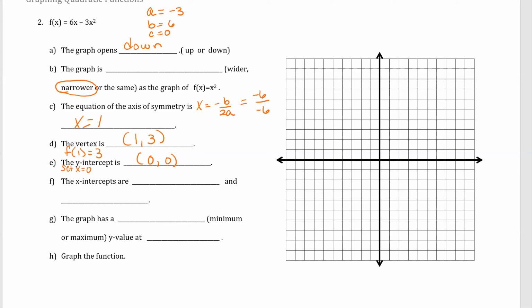To find the x-intercept, you set y equal to 0. So we have x is equal to 0 and x is equal to 2.